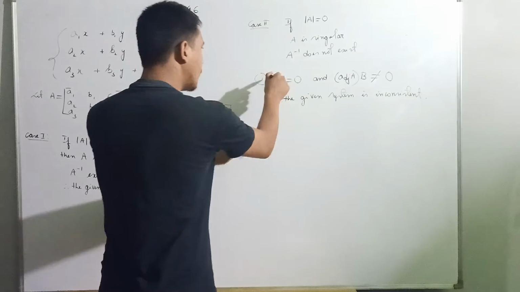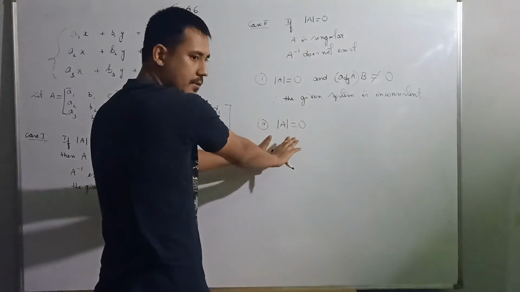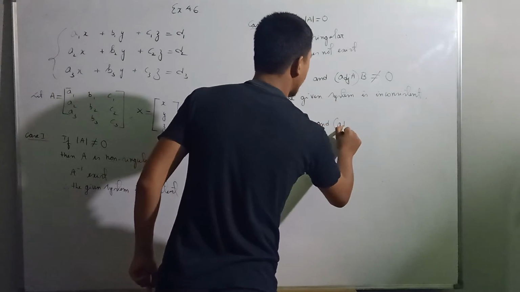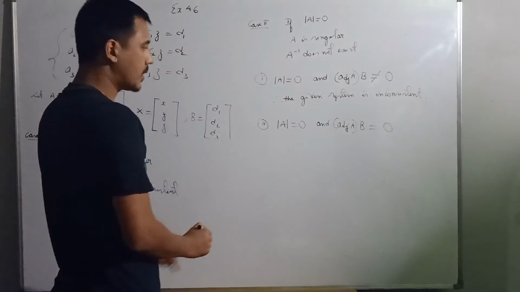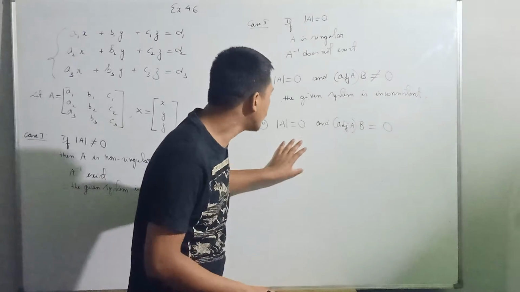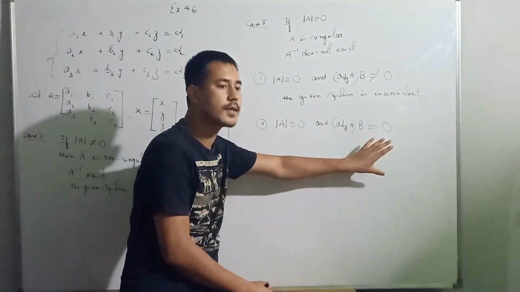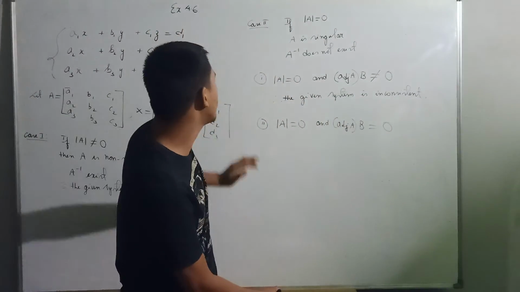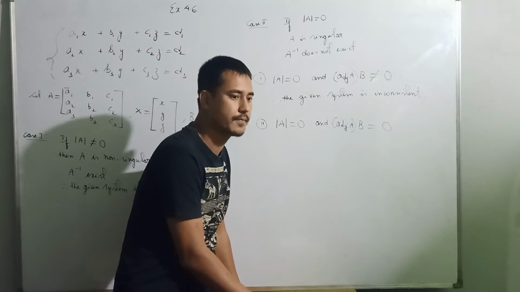Now, the second one, the last case: if the determinant of A is 0, but adjoint of A times B is also 0, then in that case your given system of equations can be consistent or inconsistent, depending on whether these equations have infinite solutions or no solution.